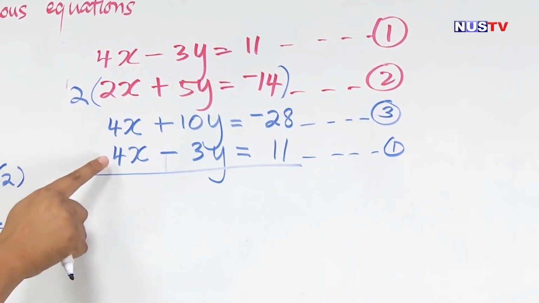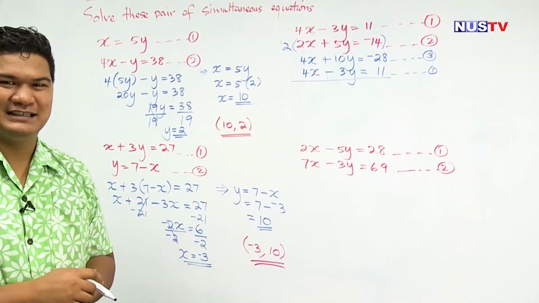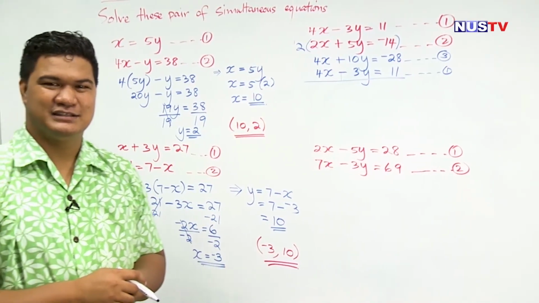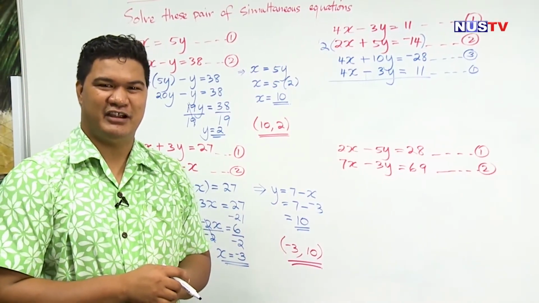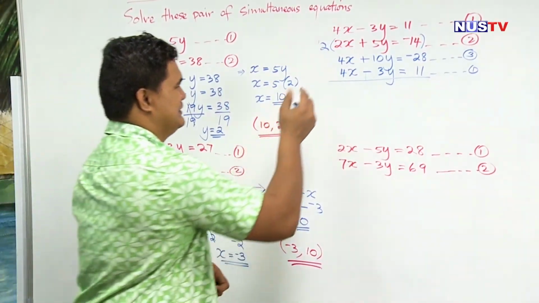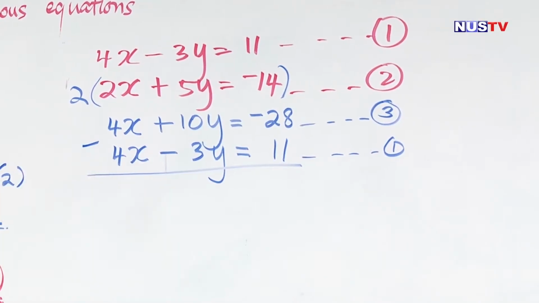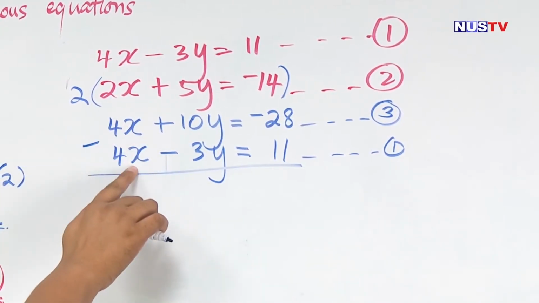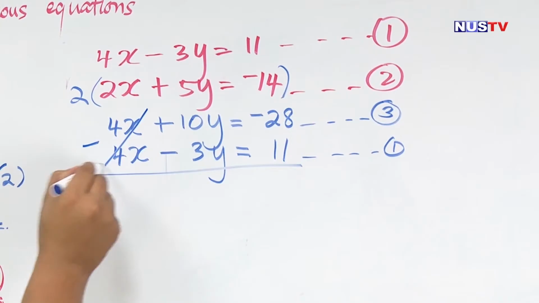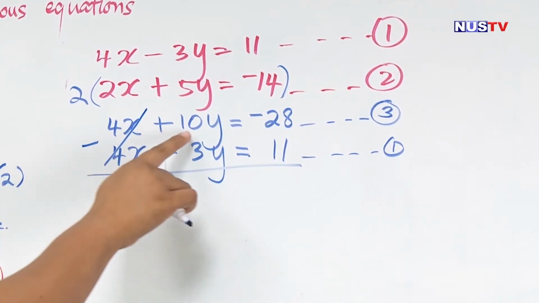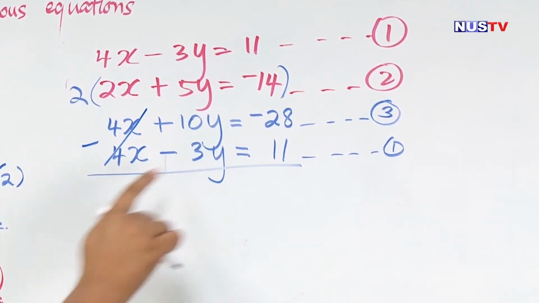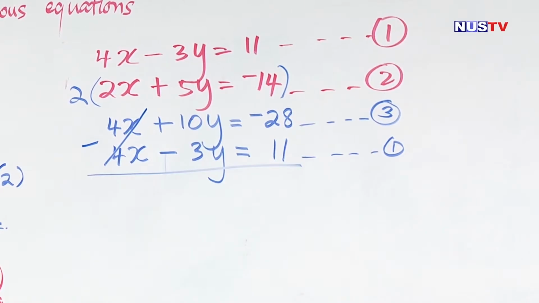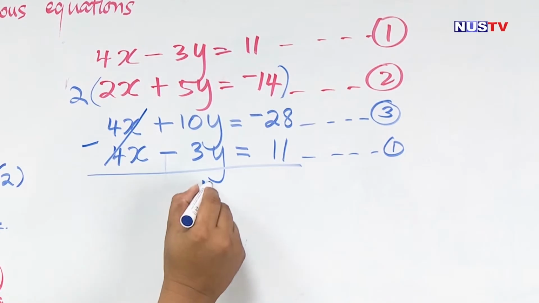So this 4x is the same as this 4x, so it's easy for us to eliminate our variable x. Taking the difference, or minus, 4x minus 4x will be eliminated. 10y minus negative 3y will be 13y.